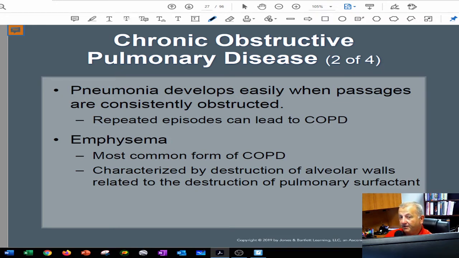Once the infection is cleared up, they're much better. Repeated episodes of pneumonia can lead to COPD. These patients usually have a chronic cough.